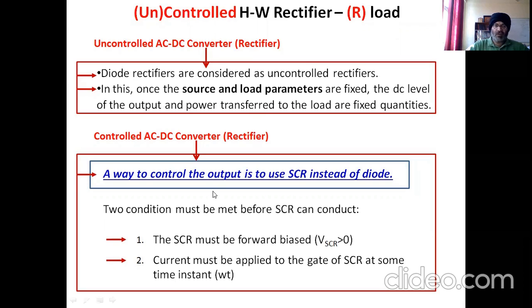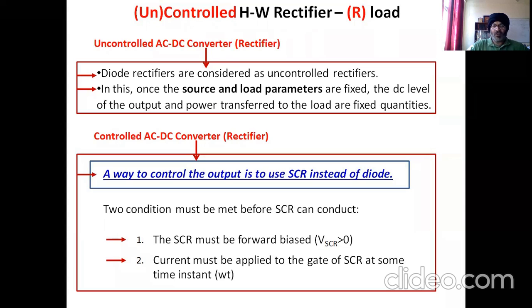On the other hand, with controlled rectifiers there is a way to control the output. For that, we use an SCR or any controllable device. Referring to our previous lectures, we discussed various controllable switches also.